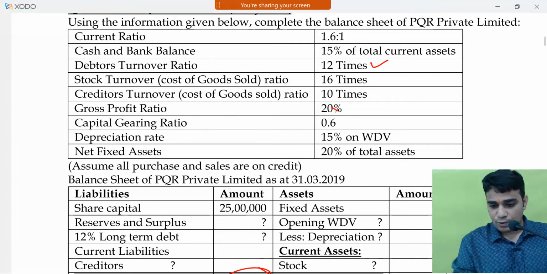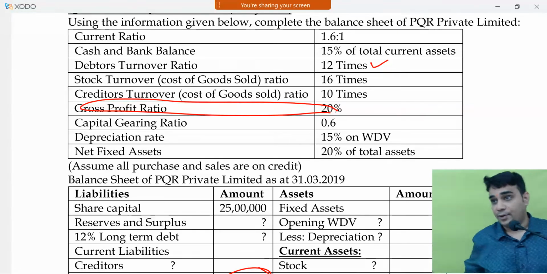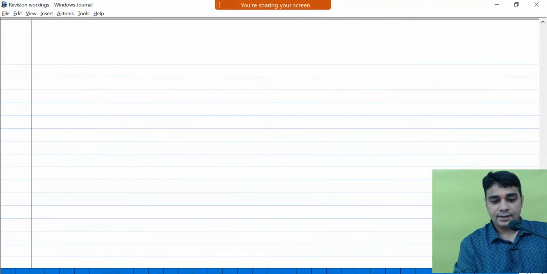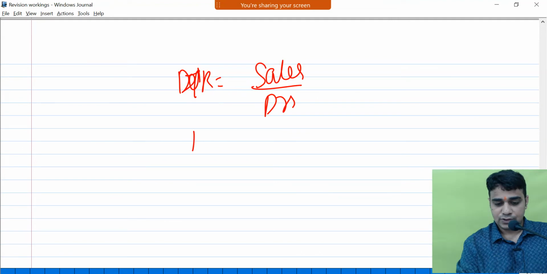GP margin is also given in the question, but beyond this I don't have anything. I don't know the GP number, the COGS number, or the sales number. So debtors turnover ratio is equal to sales by debtors. So I can say debtors is equal to sales by the turnover ratio. What was the turnover ratio?